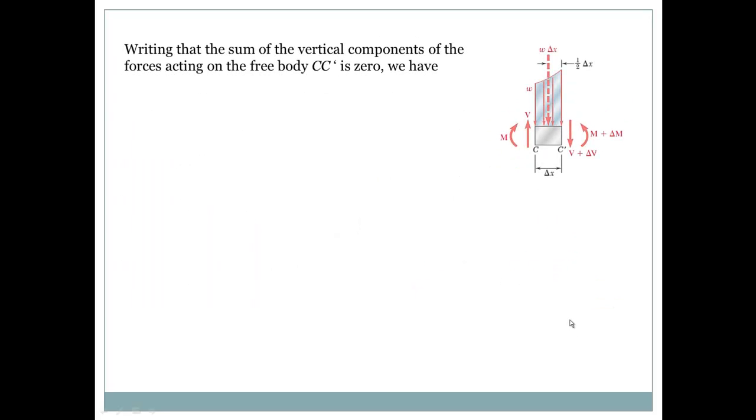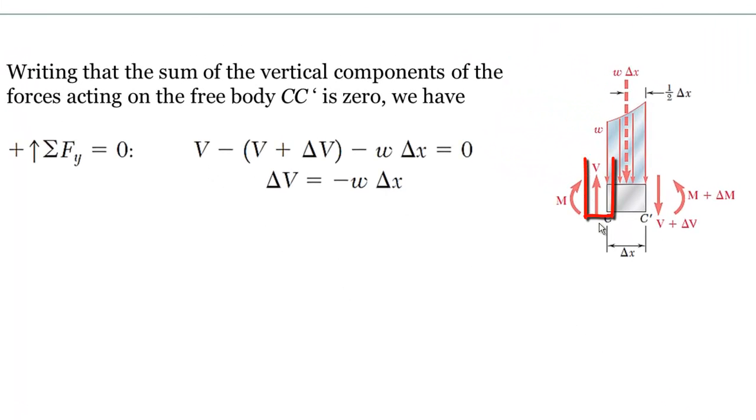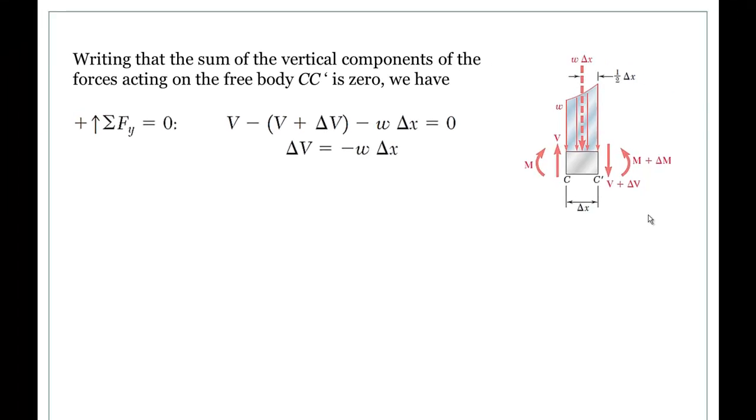Okay, now if we write the sum of the vertical components of the forces acting on this free body and set it to 0, we will have V minus (V plus delta V) minus W delta x, that should equal 0.